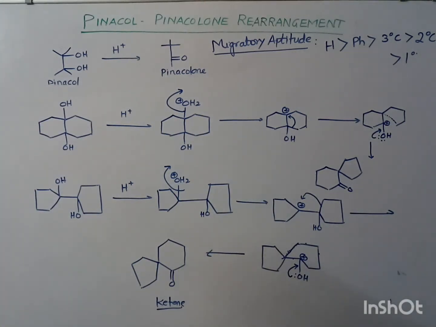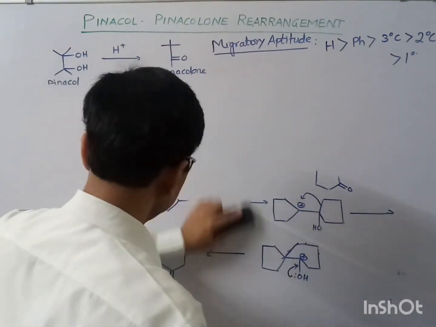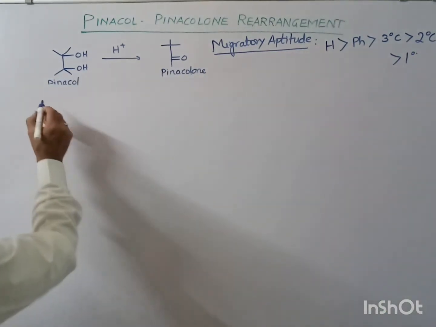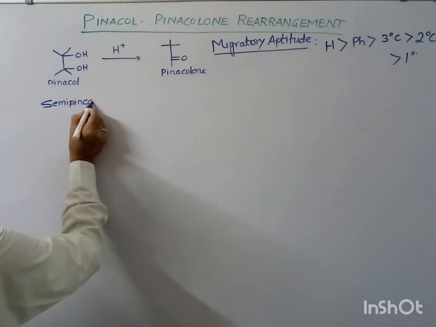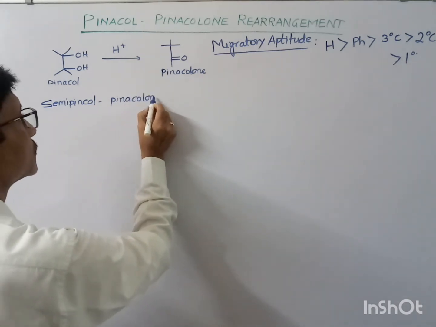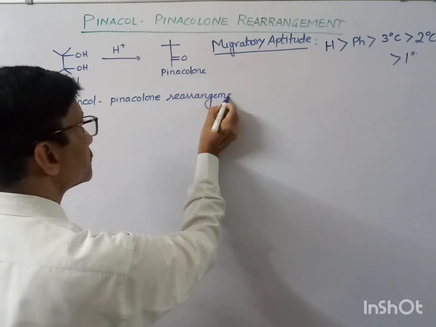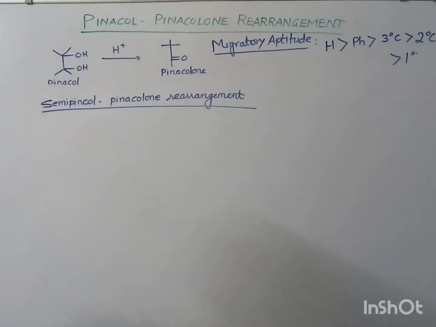Now let's say the semi-Pinacol. So if you see here, then OH group is present on both the carbons. Now in semi-Pinacol-Pinacolone rearrangement, in place of one OH, one OH group is replaced by either the NH2 group or Cl.